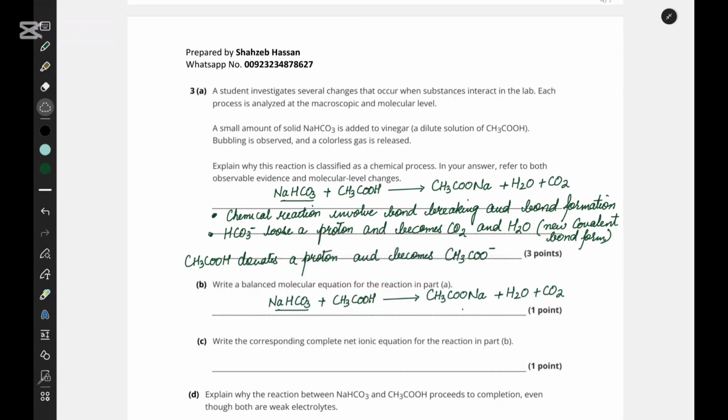Write the corresponding complete net ionic equation for this reaction. So we know this is basically in aqueous, this is in the solid state. Just first when we can write the net ionic equation, just wait please.